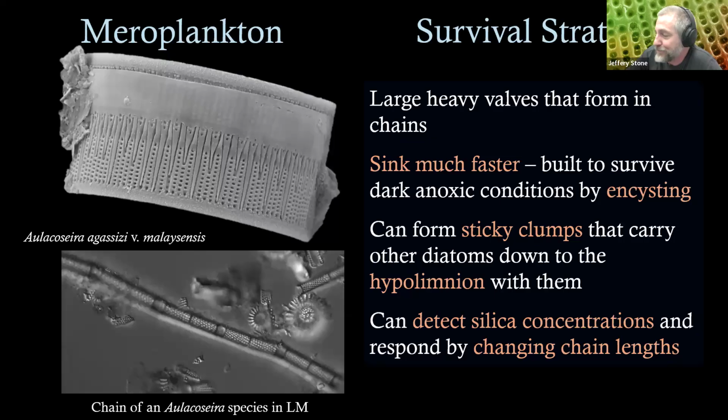And so they have to be in the water column when the conditions are right for them. And then when the conditions aren't right for them, they tend to want to be out of the water column. And so they can form marine-like snow or sticky mats that will drag other organisms out of the water column as they make their way towards the bottom.